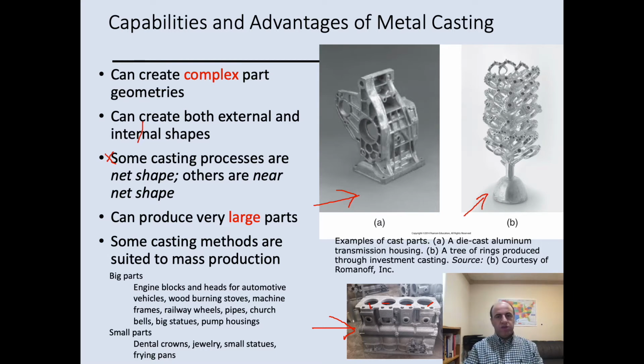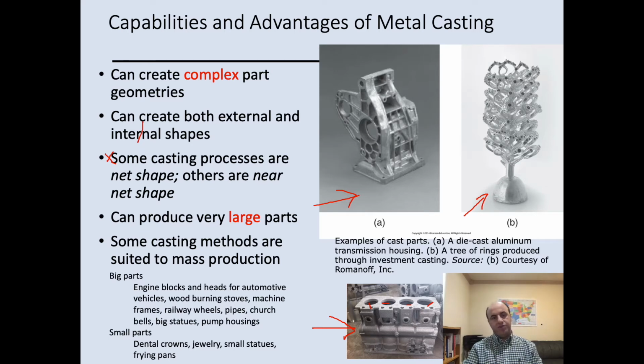Another way to say it, it does not need post-processing. So the part is ready to be used in manufacturing or by the end user. And with this technology, we can produce very large parts.